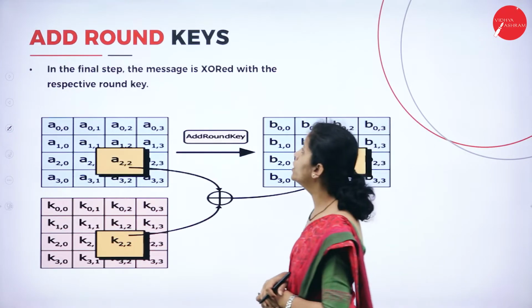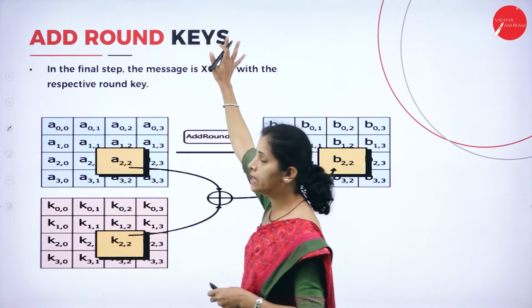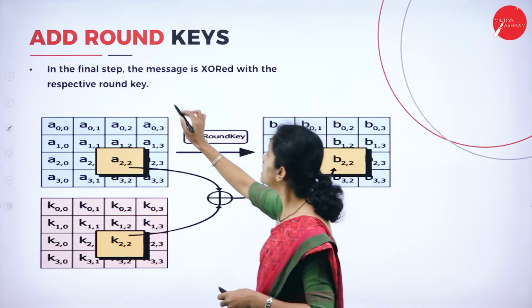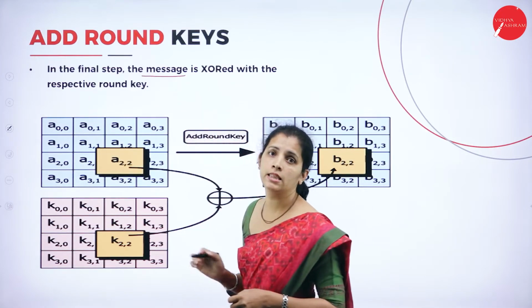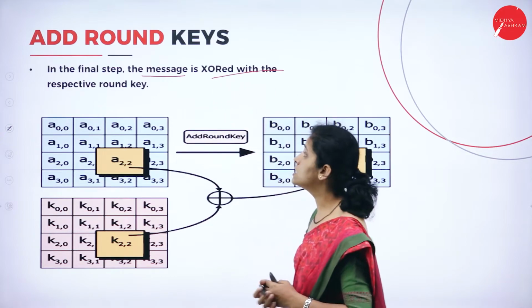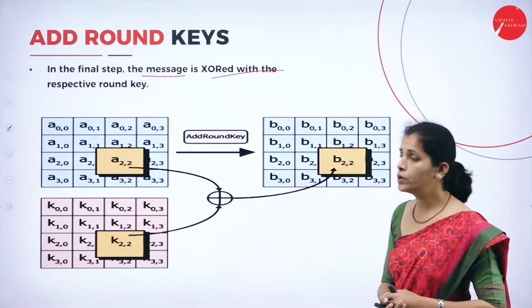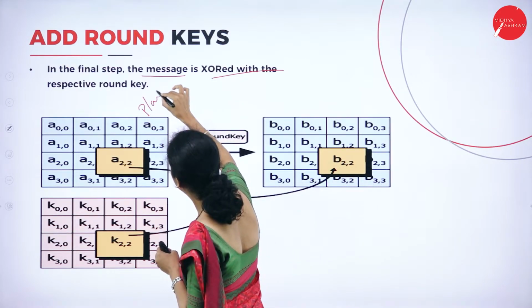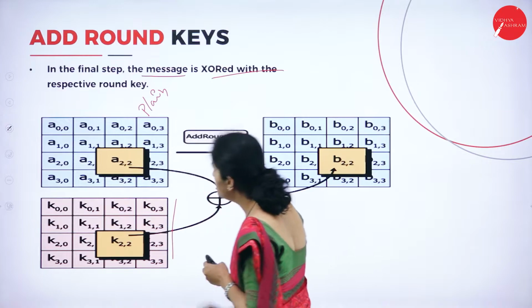Moving further, I am going to have add round key. This is the final step, and here the message, that is nothing but the plain text, is XORed with the respective round key. So I'm going to have the plain text and the key.